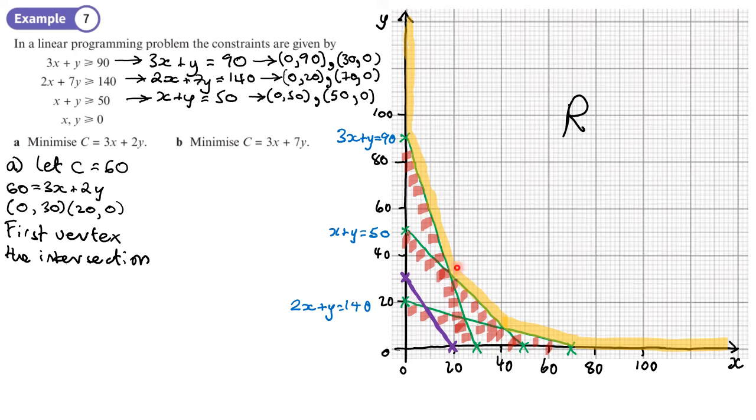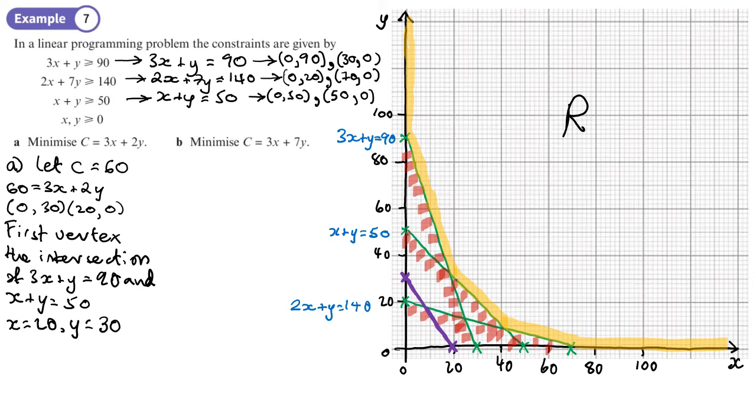So this line and this line, that's the intersection of 3x plus y equals 90 and x plus y equals 50, which we're going to solve simultaneously. Let's use our calculator to solve those simultaneously. From the calculator we get x equals 20 and y equals 30.